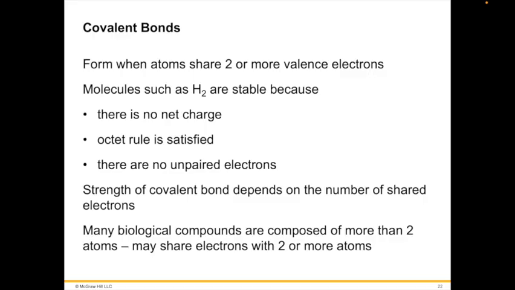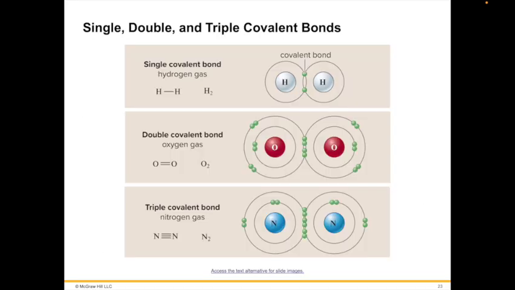And the strongest covalent bonds are triple bonds, such as those that link two nitrogen atoms of nitrogen gas molecules, N2. Covalent bonds are represented in chemical formulas as lines connecting atomic symbols. Each line between two bonded atoms represents the sharing of one pair of electrons.